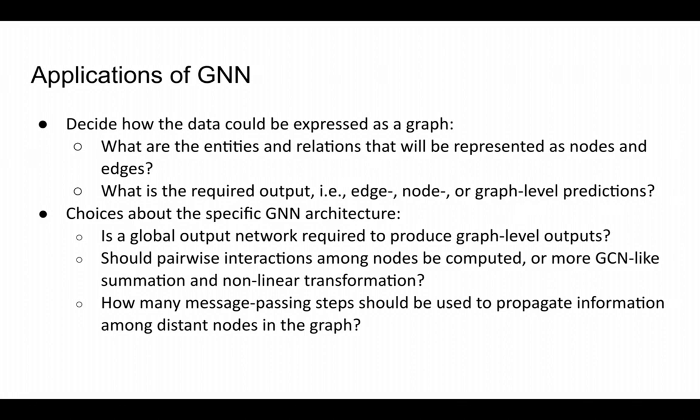As for the choice about the specific graph neural network architecture, we have to think about whether a global output network is required to produce graph level outputs. Should pairwise interactions among nodes be computed, or more graph convolutional network like summation and nonlinear transformation be used? We need to think about how many message passing steps should be used to propagate information among distant nodes in the graph.